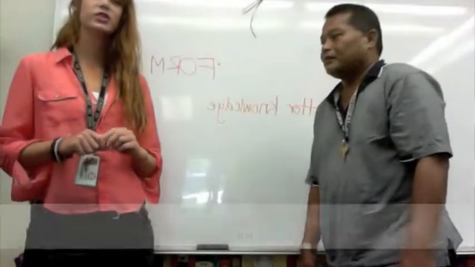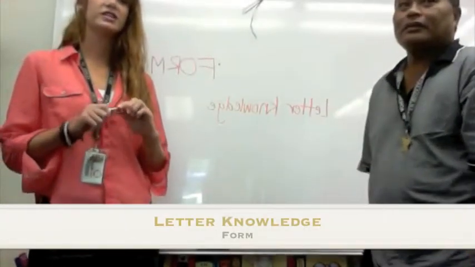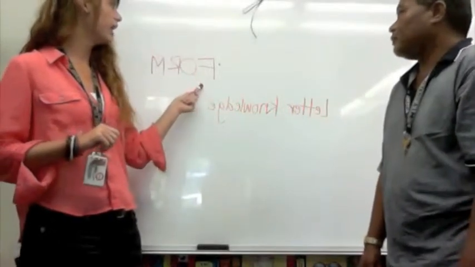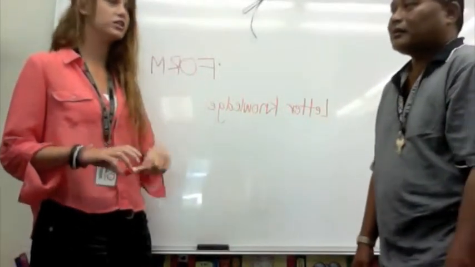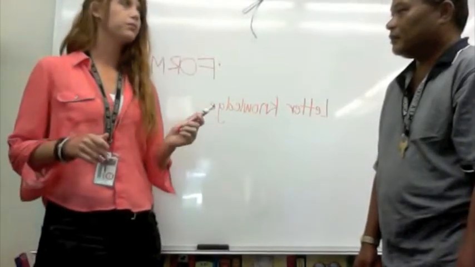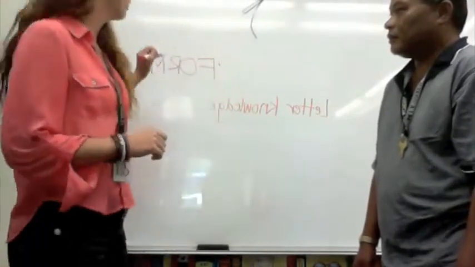Okay, now we're going to give another activity that we can do to help reinforce the aspect of form of letter knowledge. So, as a teacher, you can write the letter up on the board.